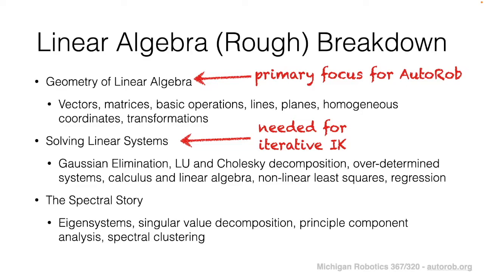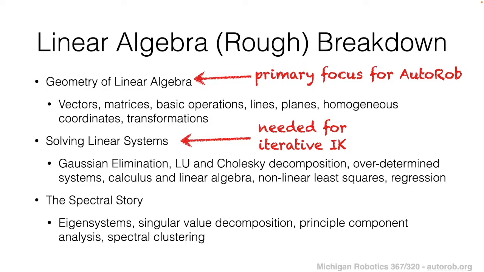Within that, a second topic which is going to be used within this course is solving linear systems. Once we get to inverse kinematics, we're going to be attempting to solve a linear system in order to calculate which joint angles will satisfy a desired end effector position, where that desired end effector position is expressed as a linear system.